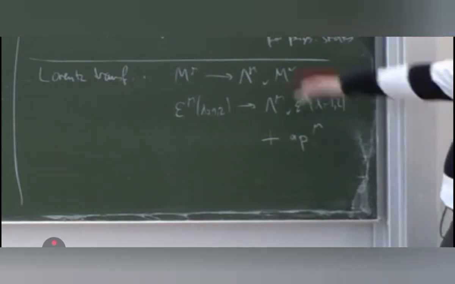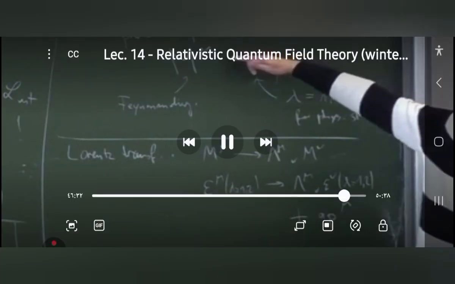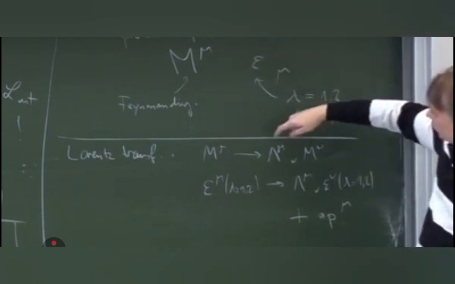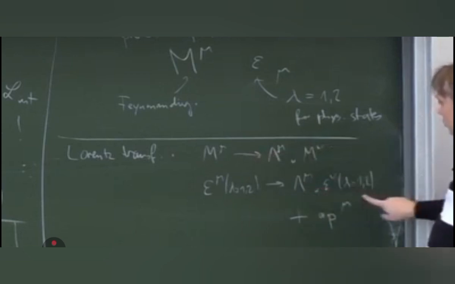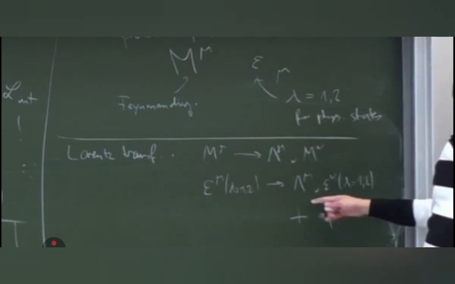So if you want the probability amplitude to be Lorentz invariant, then you should again require something, namely this product of the Lorentz transformed M and the Lorentz transformed first line. That is of course Lorentz invariant. But what might disturb the Lorentz invariance is this extra term here.